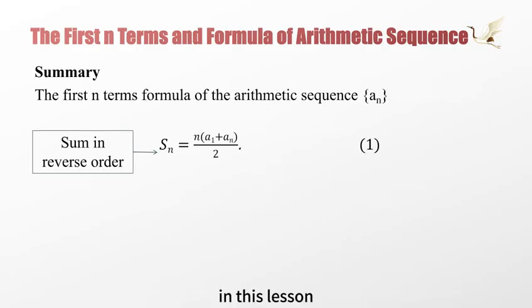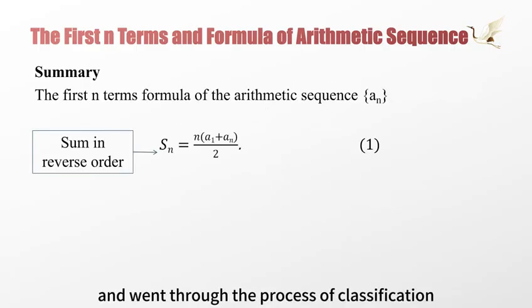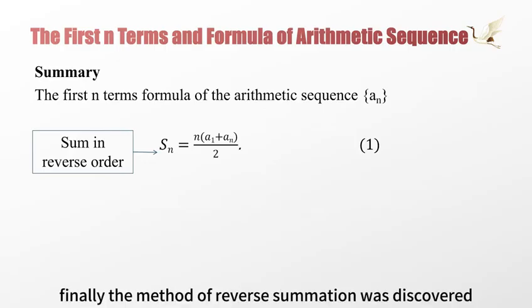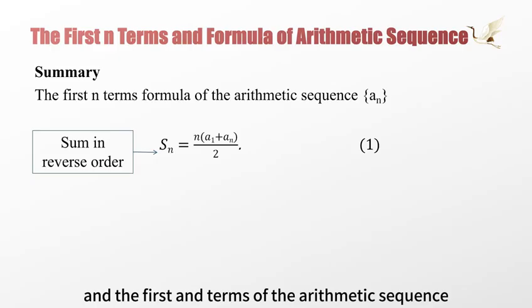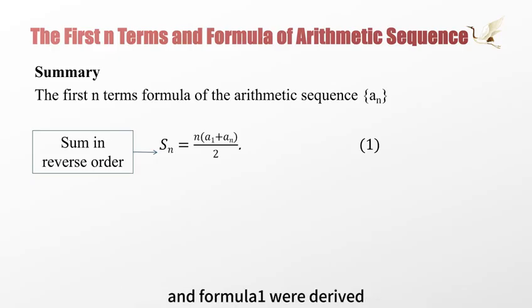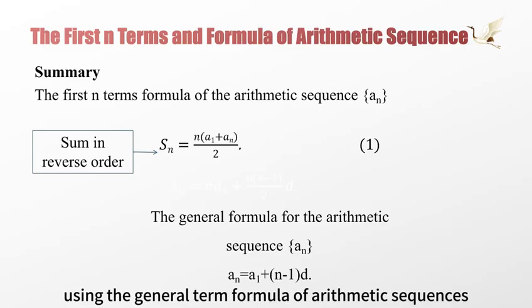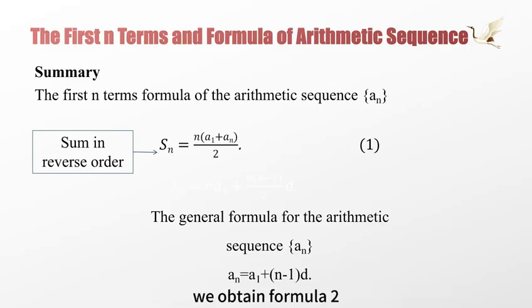In this lesson, we started from the Gauss method and went through the process of case discussion. Finally, the method of reverse-order summation was discovered, and the sum of the first n terms of the arithmetic sequence and Formula 1 were derived. Then, using the general term formula of arithmetic sequences, we obtained Formula 2 by representing the sum of the first n terms with the first term and common difference.